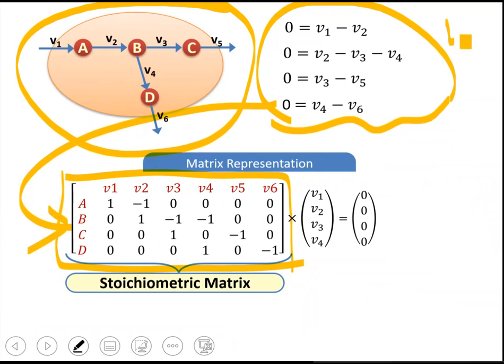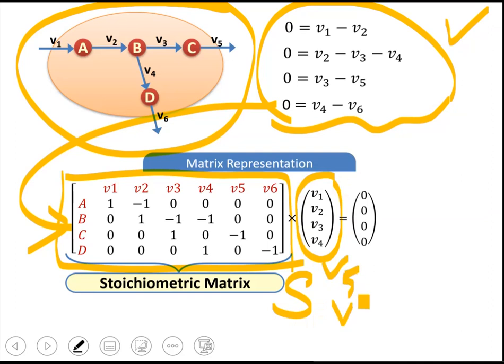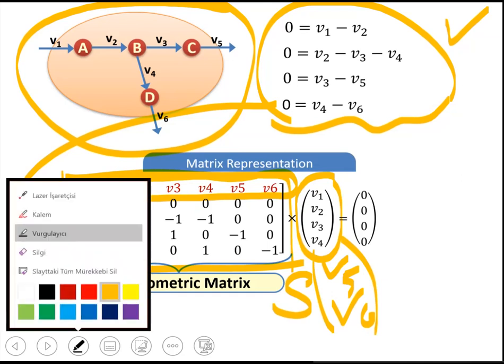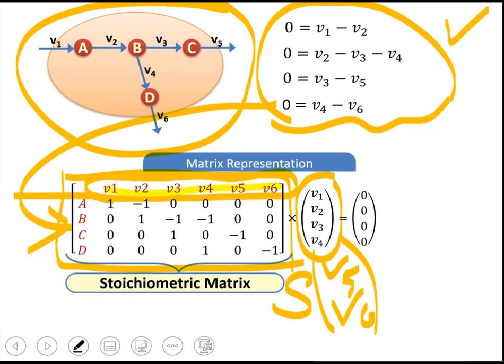So this set of equations can be written in matrix format as the multiplication of the stoichiometric matrix, always designated as S, and its multiplication with the unknown vector. There should also be V5 and V6 here. Sorry for the mistake. Because we have 6 unknowns, right? So we will have a vector here from V1 to V6.